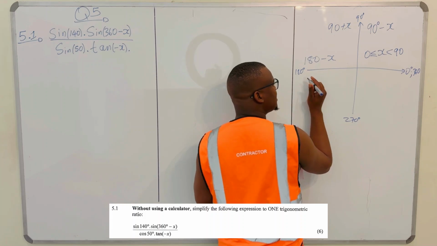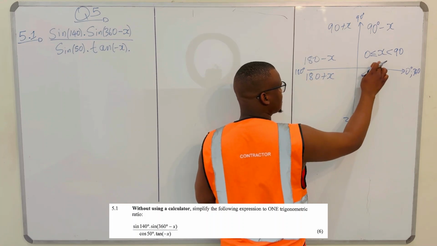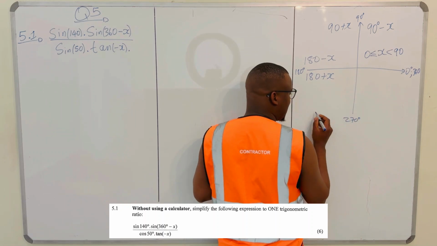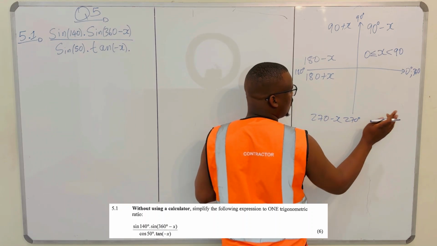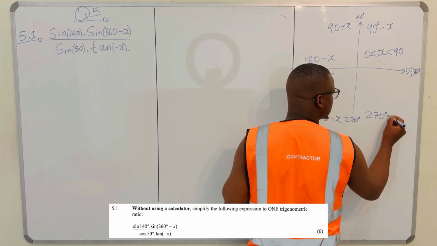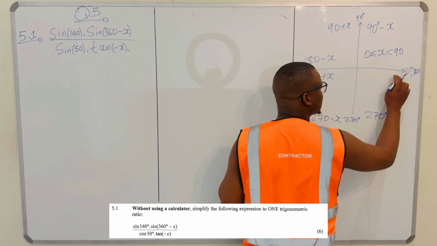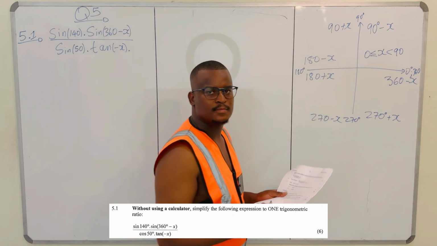In the third quadrant, the angles are greater than 180 degrees, but less than 270 degrees. On the fourth quadrant, the angles are greater than 270 degrees, but less than 360 degrees.